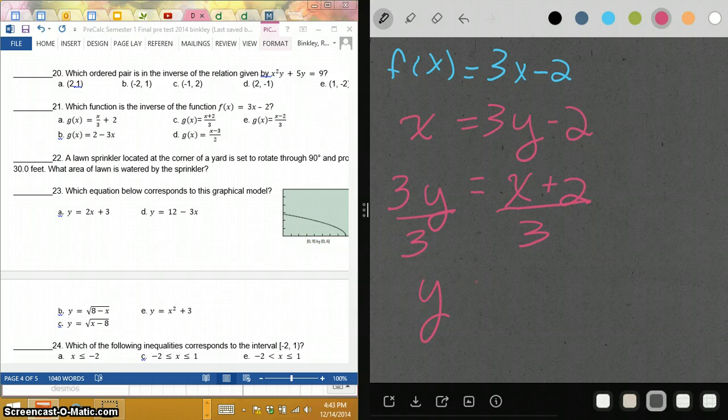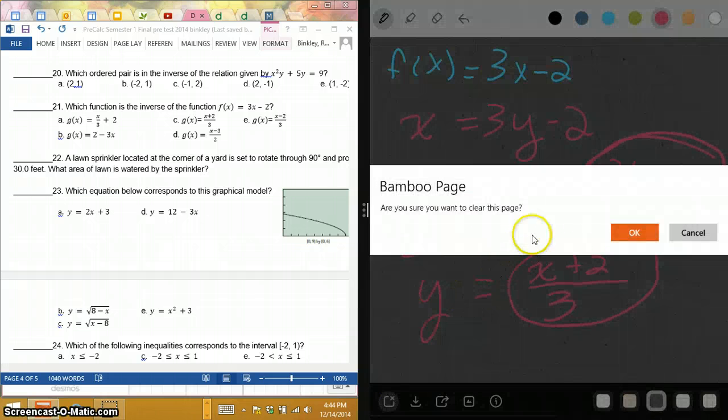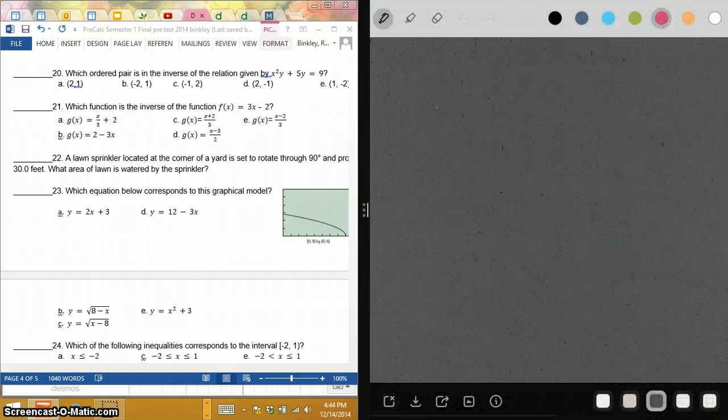So y equals x plus 2 divided by 3, or the inverse of f of x is x plus 2 divided by 3, which is C. So 21 is C right there. Cool. That one was fairly easy.